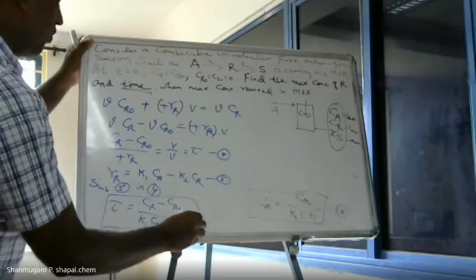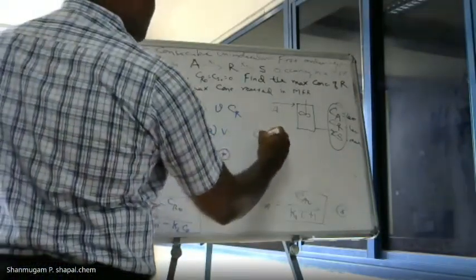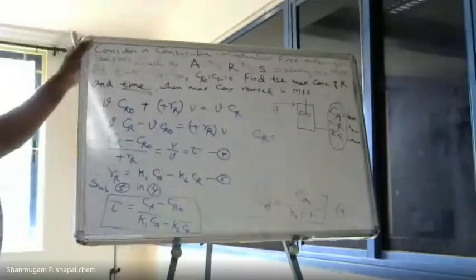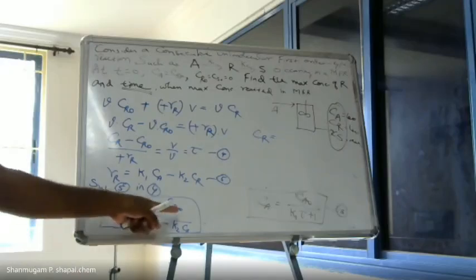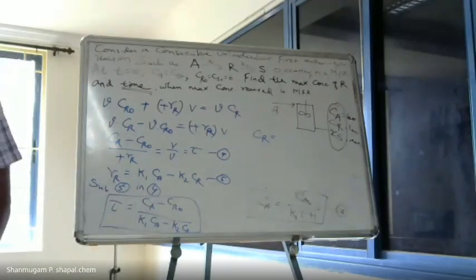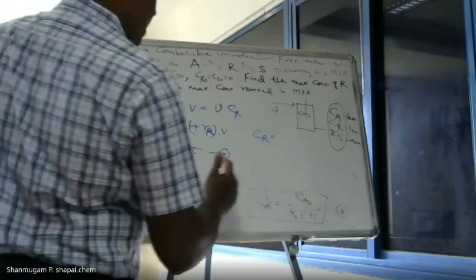So now we need to find what is CR. Because CR naught is 0 here, we need to consider that.